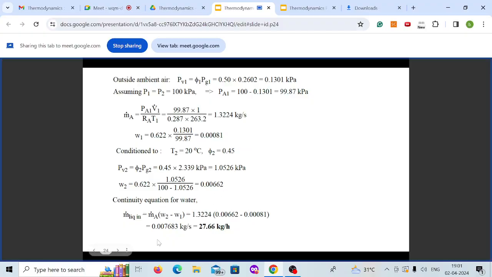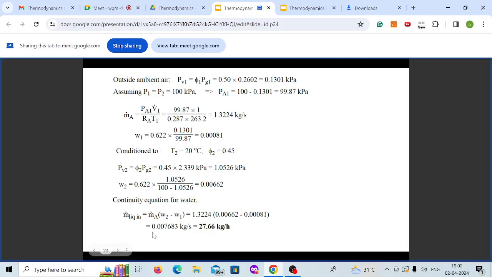Now if you do a mass balance across the heat exchanger, your mass of dry air will remain the same. So the mass of liquid coming in is equal to the mass of dry air times the change in specific humidity. The mass of dry air we calculated is 1.3224 kg per second times the change in specific humidity.